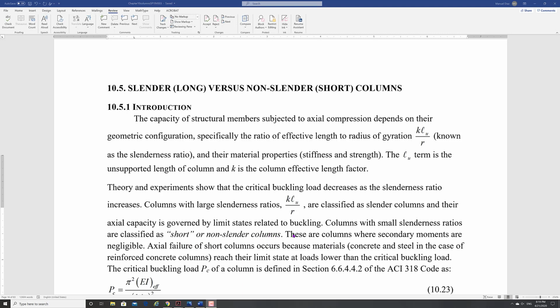So we need to look at what the number is. These are columns where the secondary effects are not critical. They can deform a little bit, but there is no significant increase in their moments due to this buckling movement.